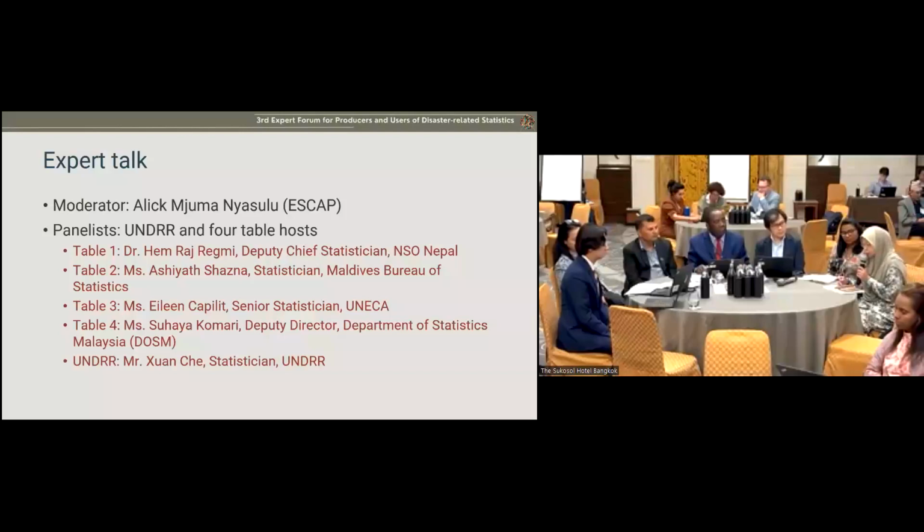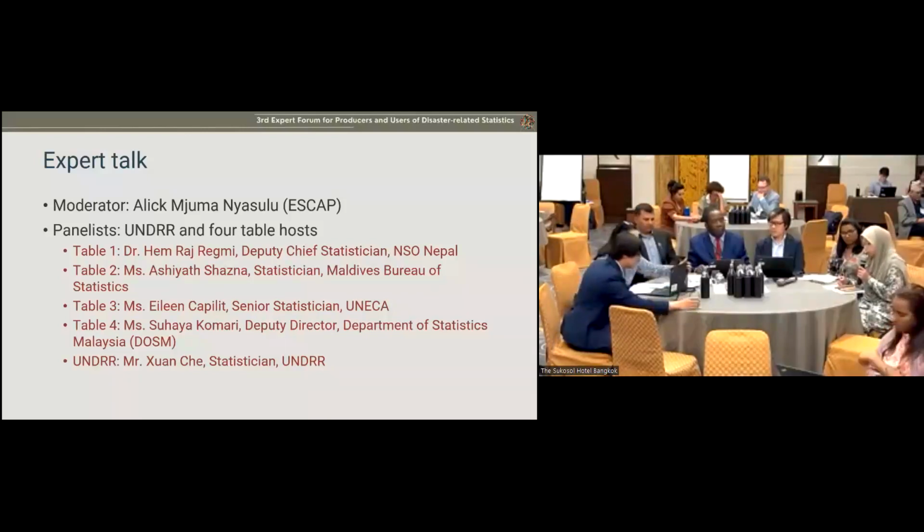So a key recommendation from the group was for the NSO to be represented in this disaster management committee in order to provide guidance on valuation or quality-assured data.